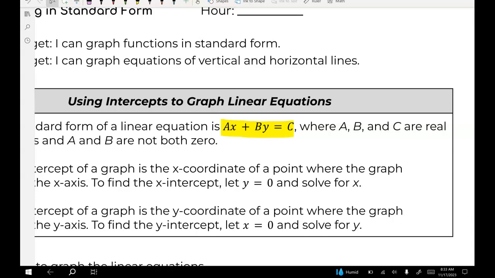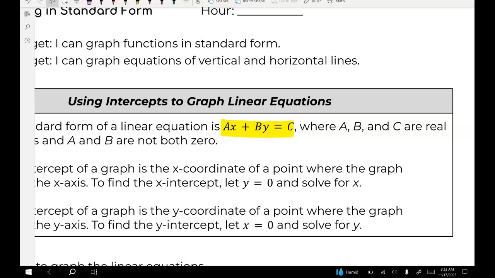And we have a line, let's just say it goes from there to there. And it crosses our two axes at two different points. It crosses our y-axis right here and our x-axis right here.